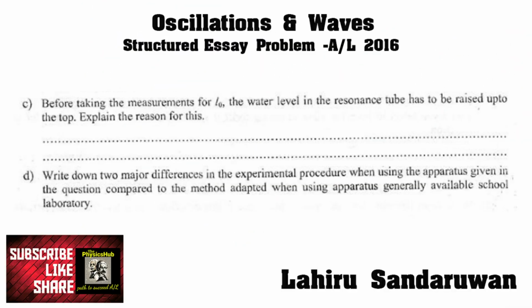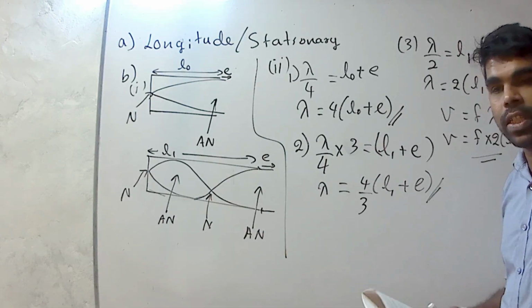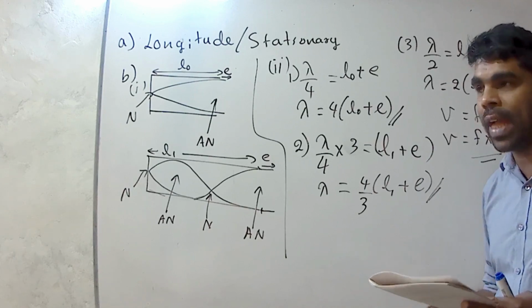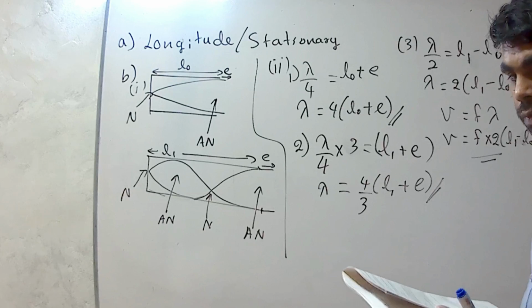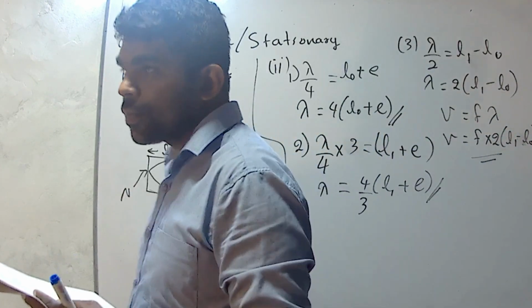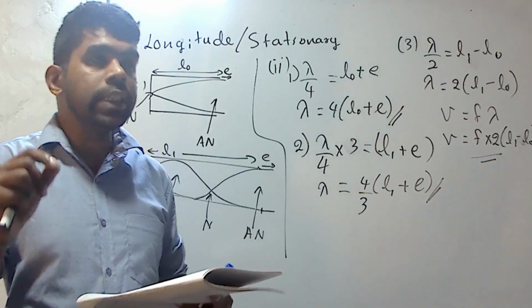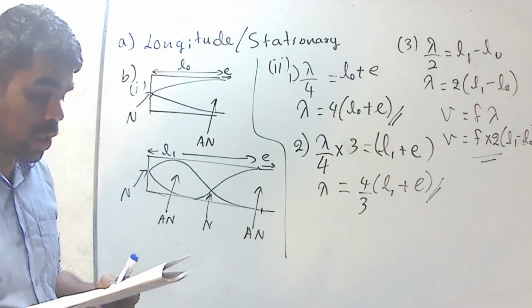In part C, before taking measurements for L0, the water level in the resonance tube has to be raised up to the top. Explain the reason. We have to get the fundamental frequency. When getting the fundamental frequency, we know that the resonance length is a minimum value when compared with other overtones. Therefore, we have to increase the resonance length from 0.